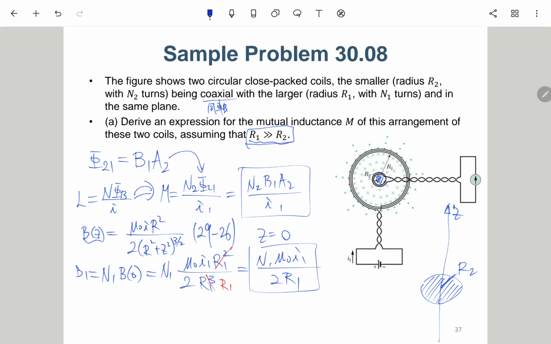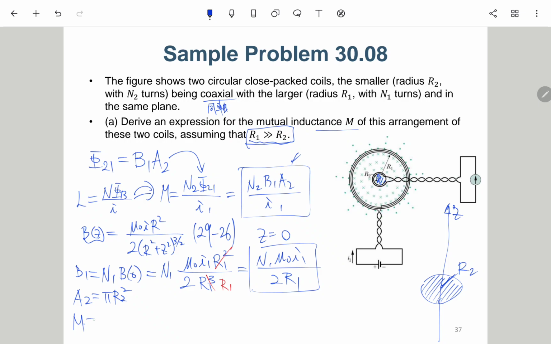Now we put everything together to find the expression for M. We also have A2 equals pi R2 squared, the area of a circle.